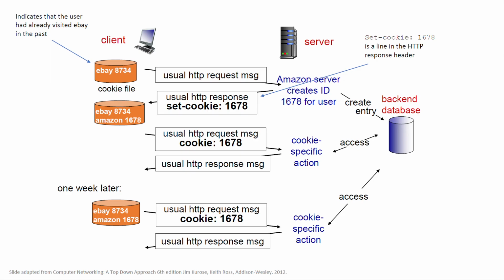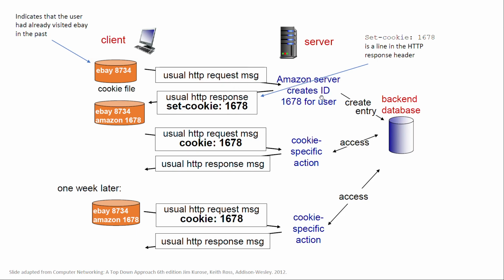So this is how it works. Let's say that this client has already visited eBay in the past, so on their computer they have a cookie file with the unique ID there, but they don't have a cookie file for Amazon because they haven't visited it yet. So when they visit the Amazon web page for the first time, they send the usual HTTP request message. Amazon receives this message and realizes that there is no cookie header here.